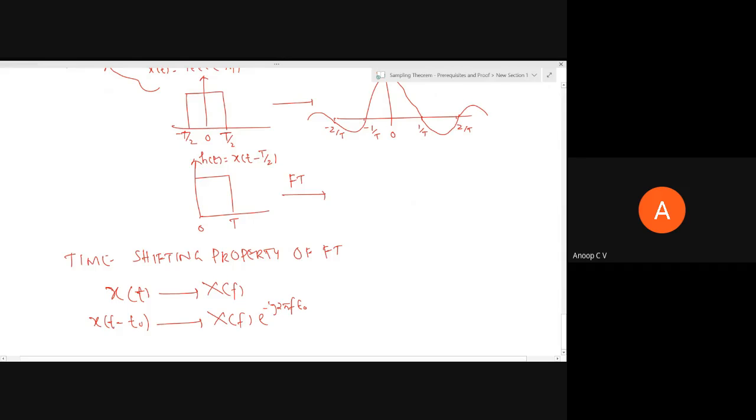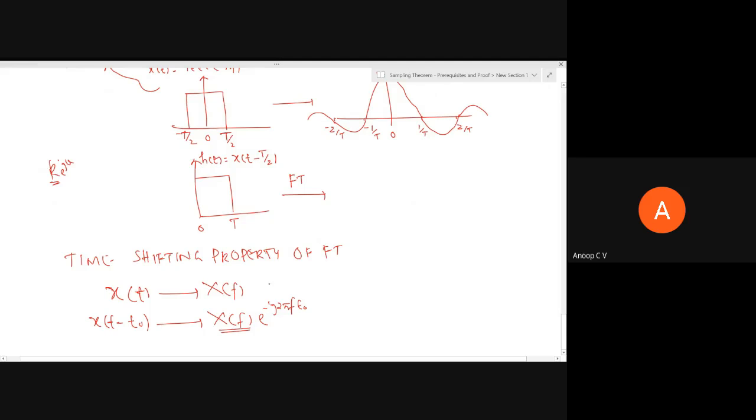If the original signal is delayed or advanced by an amount t naught, the magnitude spectrum will remain the same. x of f into e power j 2 pi f t naught is a complex number, in the form r e power j theta. So r is the magnitude, and whatever the argument of e power j is, that will be the phase.